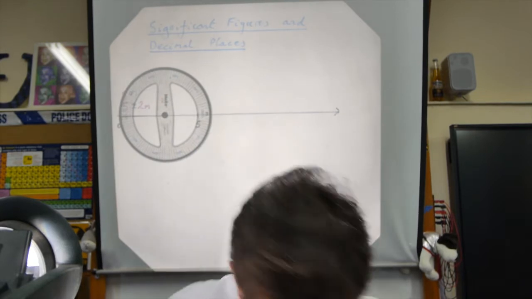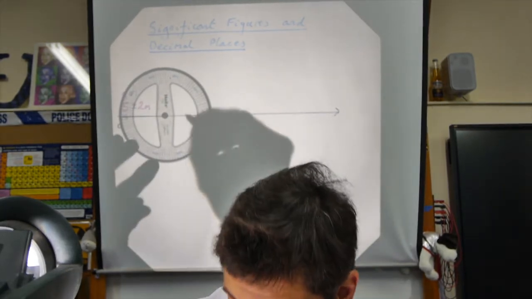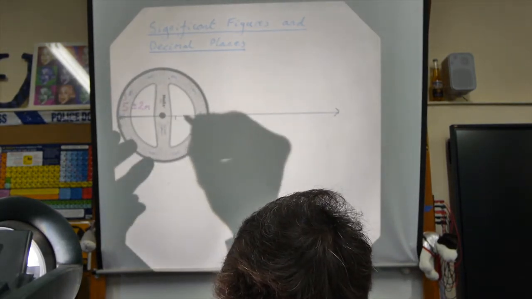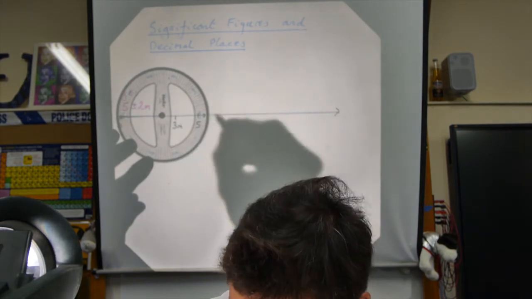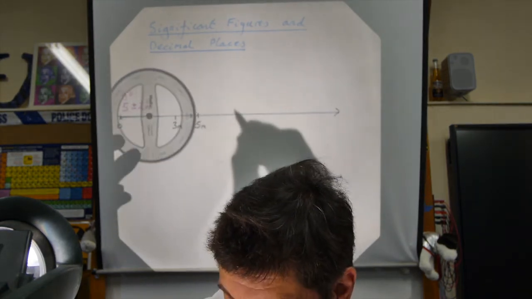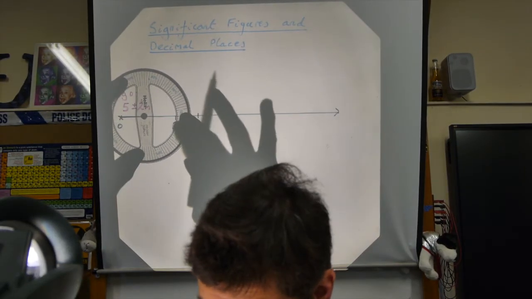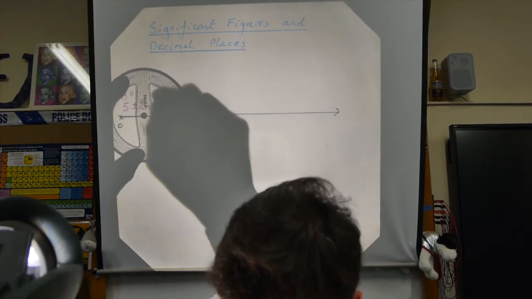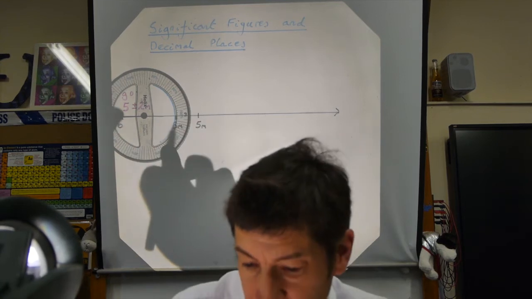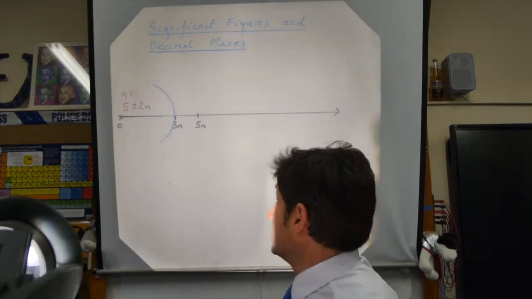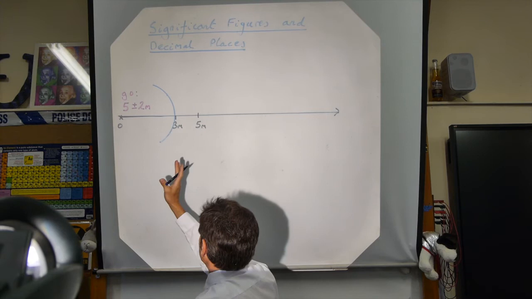So I'm going to try and draw a sort of position. We put it about there, a 3 meter point. There's the 5 meter point. And we are definitely on or further than this ring that I've drawn. So that's the 3 meter point.